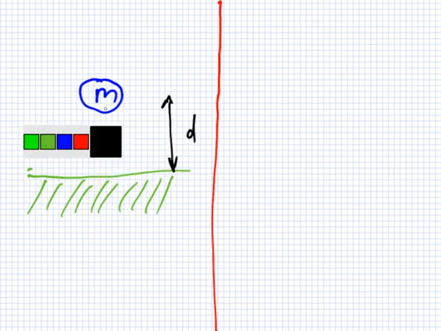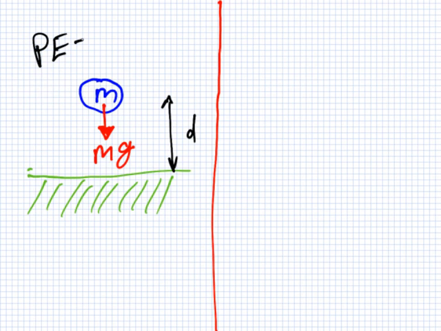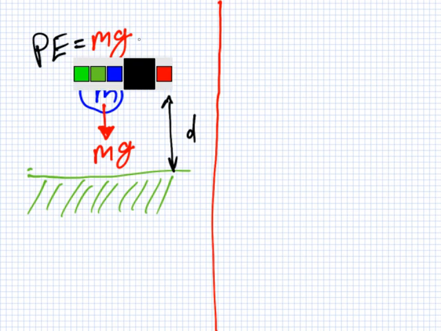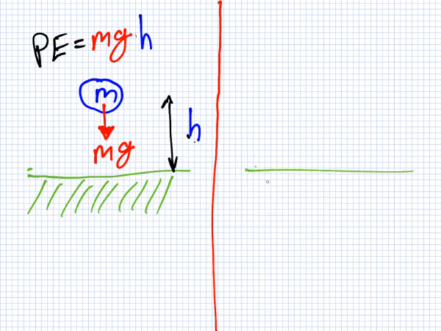Okay, what's the force acting down here? mg. And what do we say the potential energy equals? mgh. Let me call that h instead of d. This makes perfect sense, doesn't it? Yes. Now let's look at the plate picture.